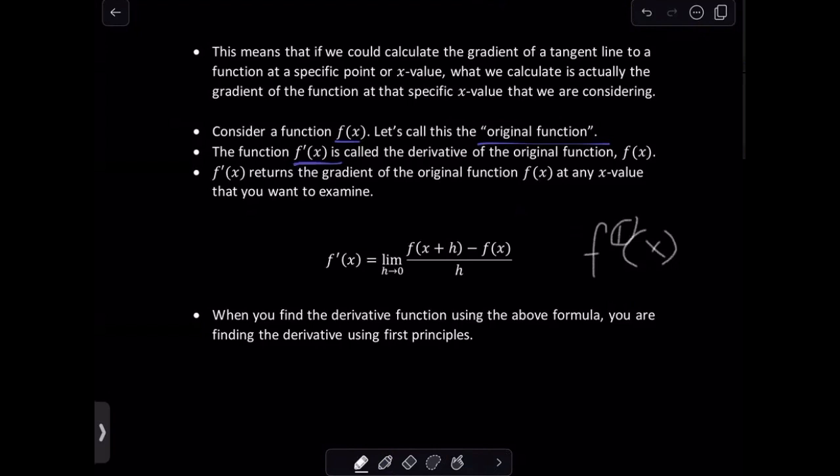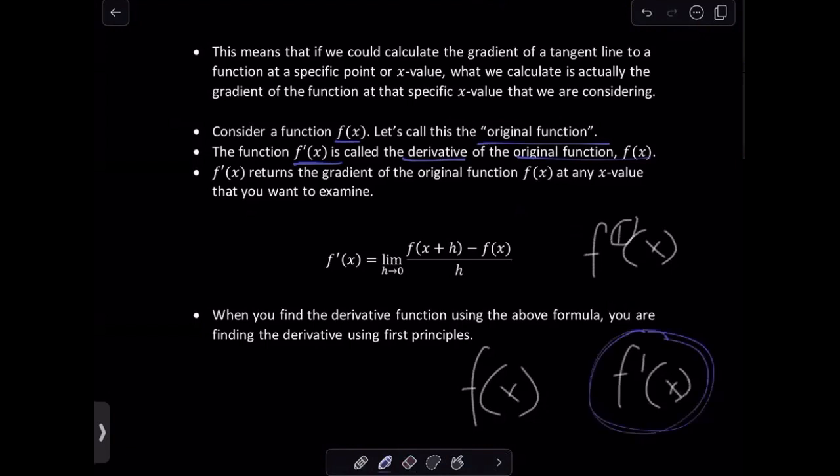So the function f prime x is called the derivative of the original function f of x. I'll give you the original function, f of x, and then what you are going to do is find f prime of x, which is the derivative of the original function.